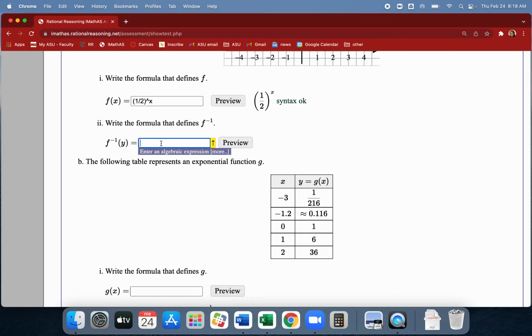And this inverted expression, or the one that takes the result and gives us out as a value of that, the exponent, would be log base 1/2 of y. Since it says f inverse of y. If it said f inverse of q, I'd just put a q here. The letter isn't actually important. We were just using x's and y's because there was a graph.